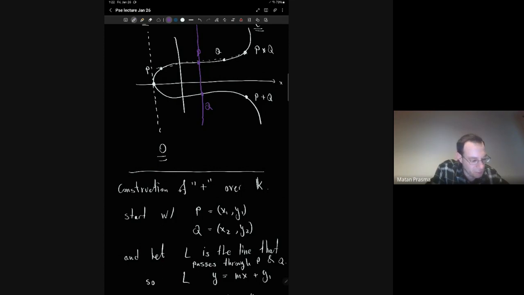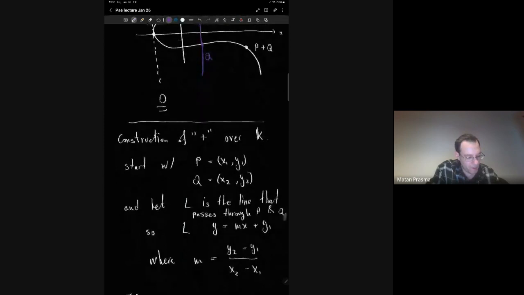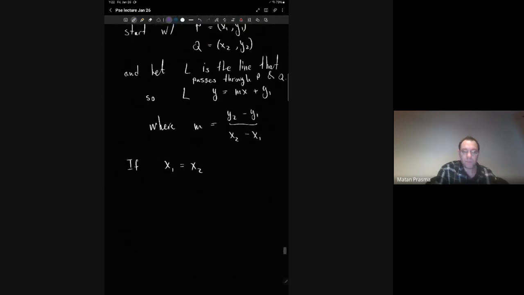So m is not defined, but still the line is defined. So it is vertical, and we deal with this later.